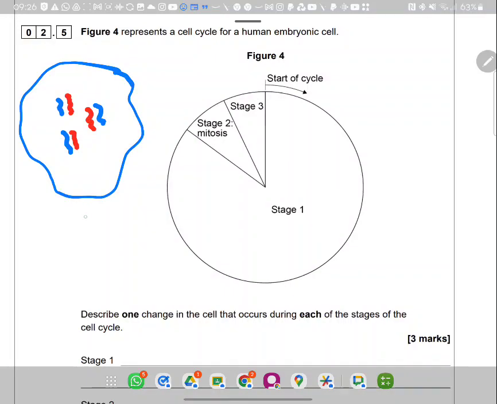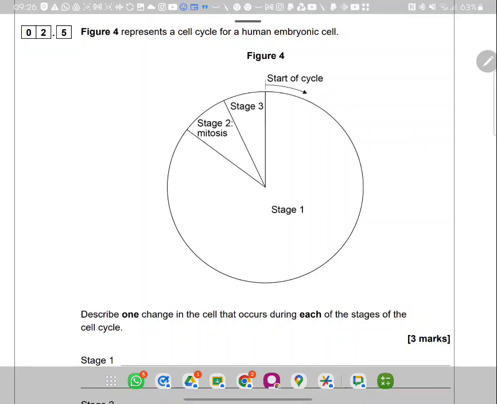It actually lines up in the middle of the cell.